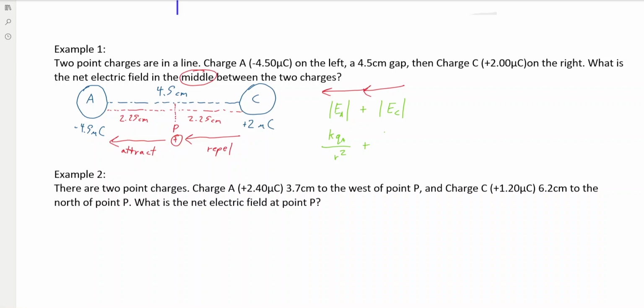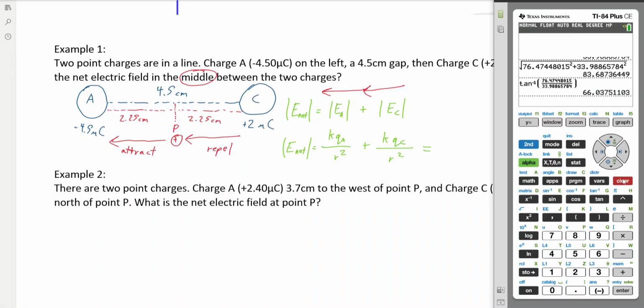This is going to be kQC over r squared. So electric field net, technically it needs those vector lines, but normally we get a little bit lazy with that. It'll look like this, and now we can plug it into our calculator.